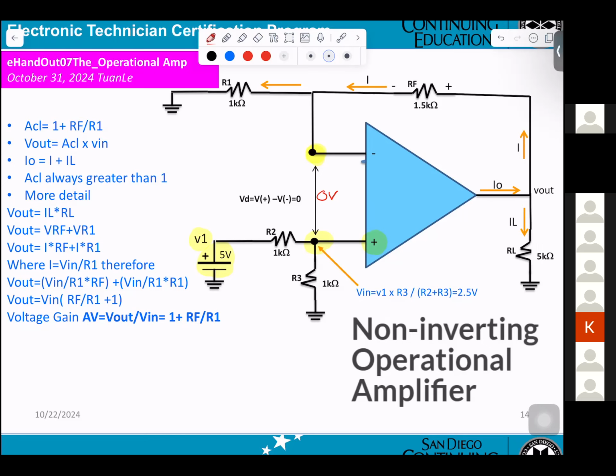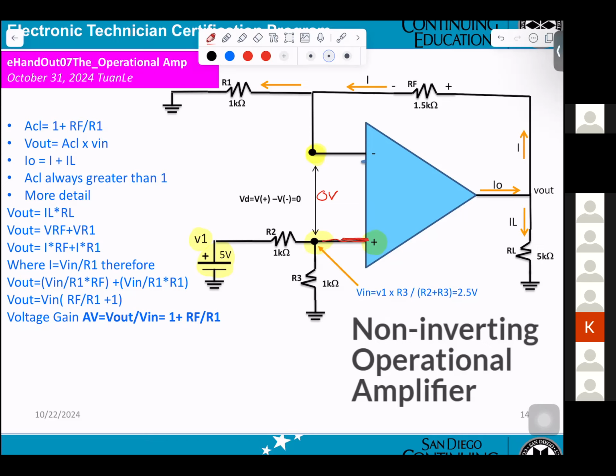First thing is the input positive voltage. That's not V1. The positive voltage has to be connected to the positive input. Connect here.